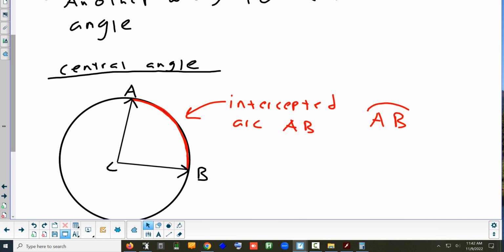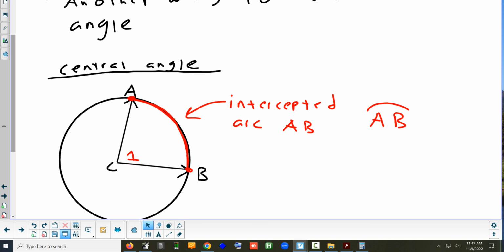What I've drawn here is called a central angle when you put an angle in a circle. This is angle ACB or BCA, either way. CA and CB are radii coming from the center of the circle, and they hit the circumference, or the perimeter, here and here. Between A and B, that's called an arc. Now, something special happens in a circle if this was exactly 1 radian.